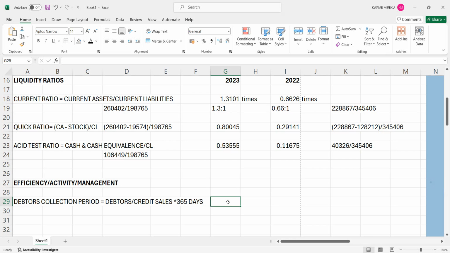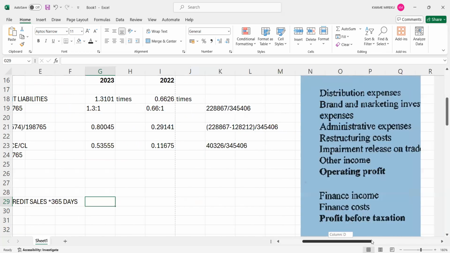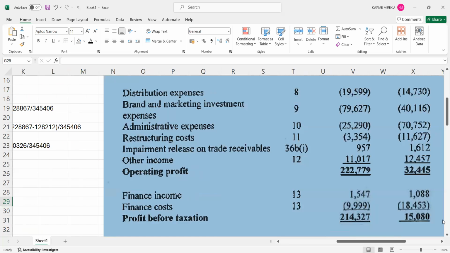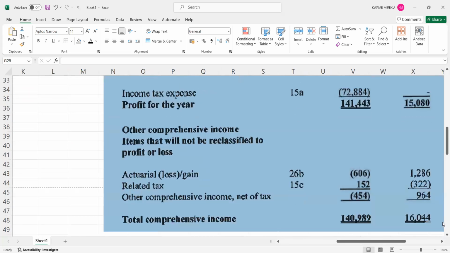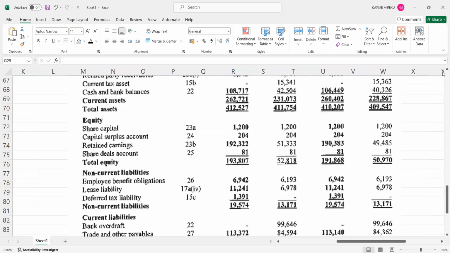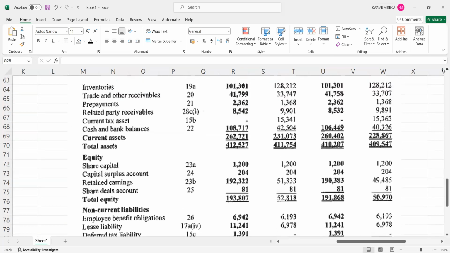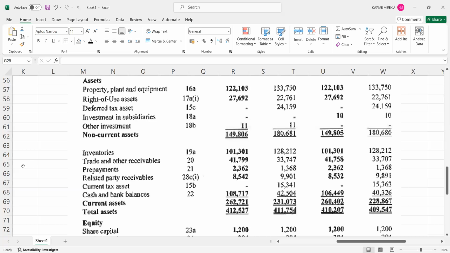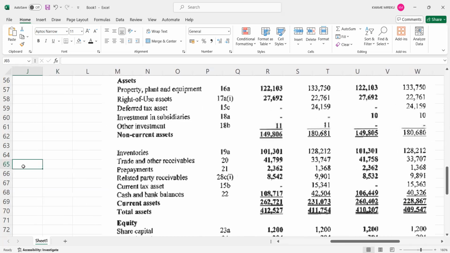Now, what is the receivable or debtors figure as per the question? Debtors figure, all these should be in your balance sheets. That's the trade and other receivables. So you have trade and other receivables, note 20.